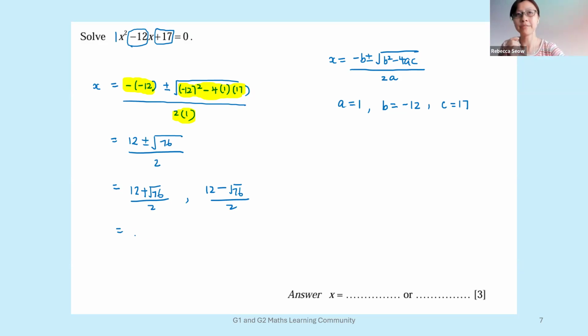So 10.4. Next solution, I will have 1.6411011056, and to 3SF, it is 1.64. So these two are my answers.